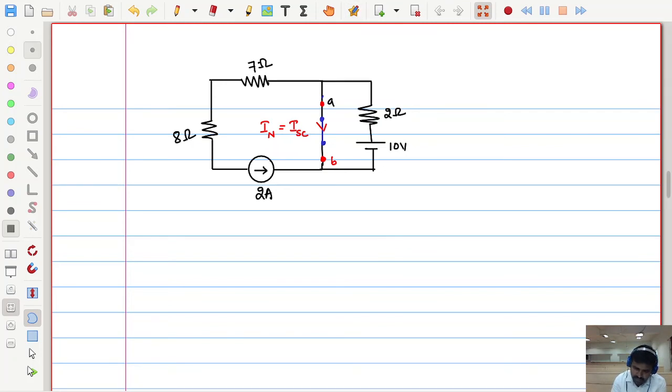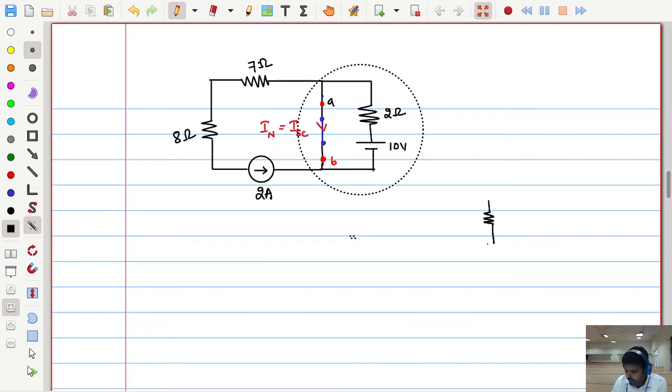Now just observe this portion of the diagram. Can I assume here that I have 2 ohms and 10 volts which are shorted in this way? This is 10 volts, this is 2 ohms.